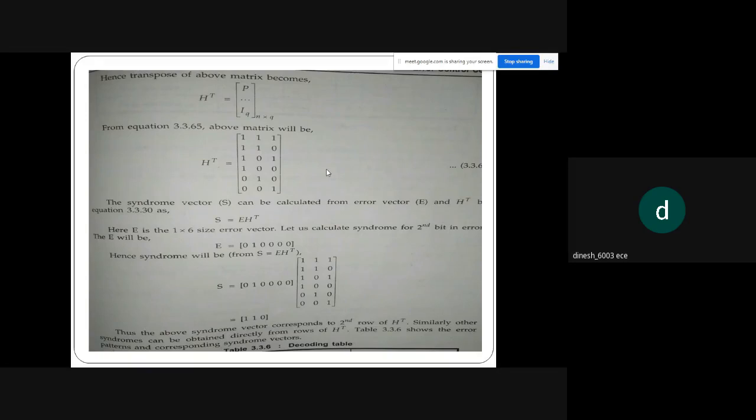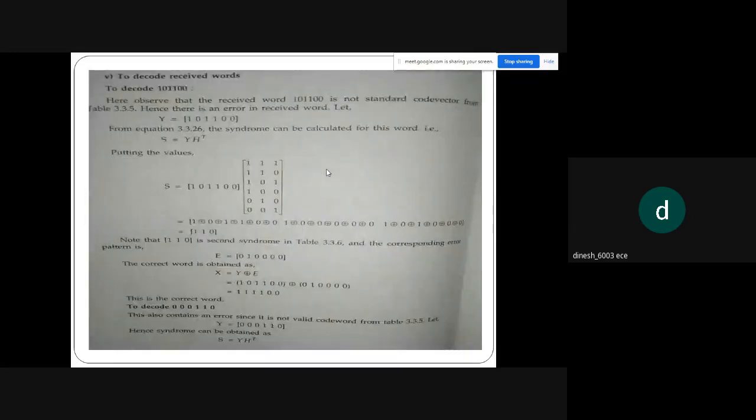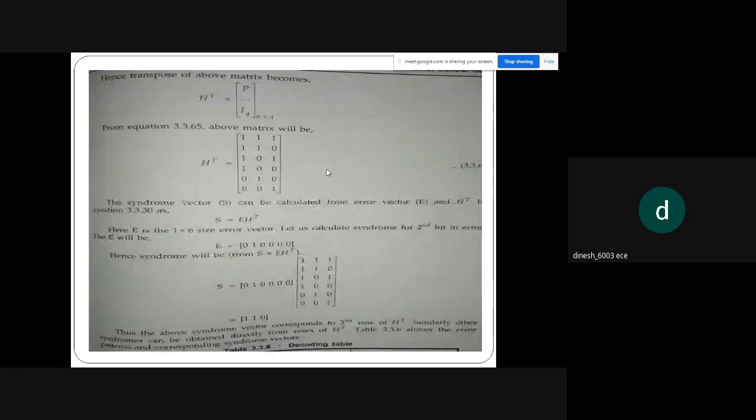Syndrome S is equal to E H transpose. So now let us consider that there is an error in the second bit.